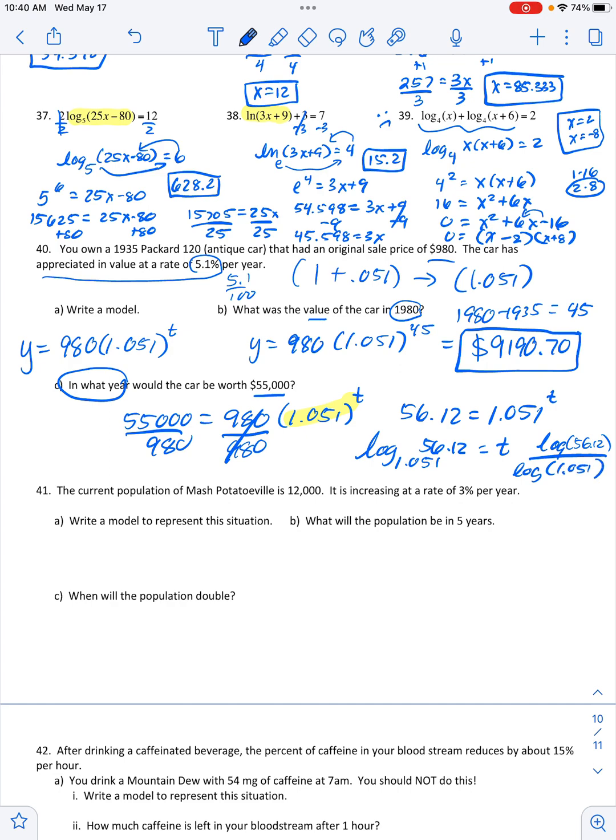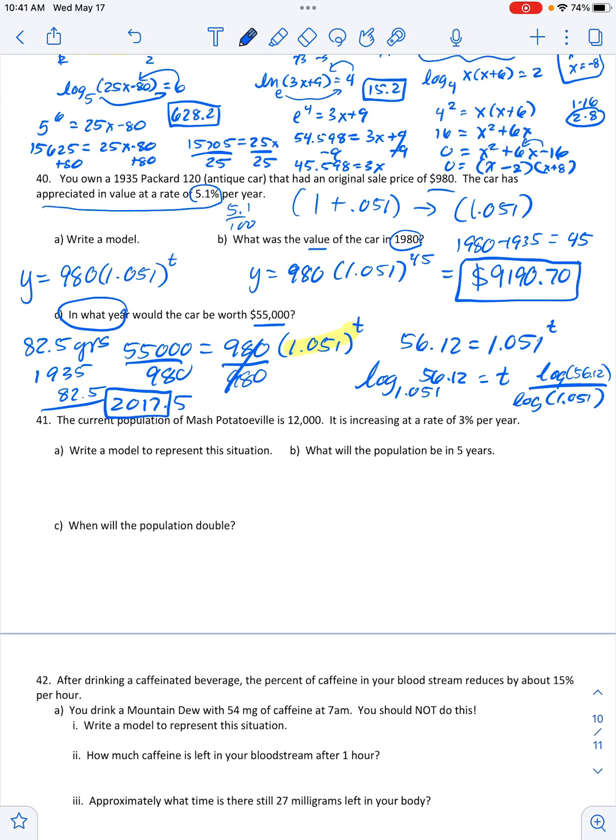So when I did that, I ended up getting 82.5 years later. And so I take my starting year of 1935 and I add 82.5 years to it. And I ended up at 2017.5. So halfway through the year 2017, that would be the year when it's worth 55,000.